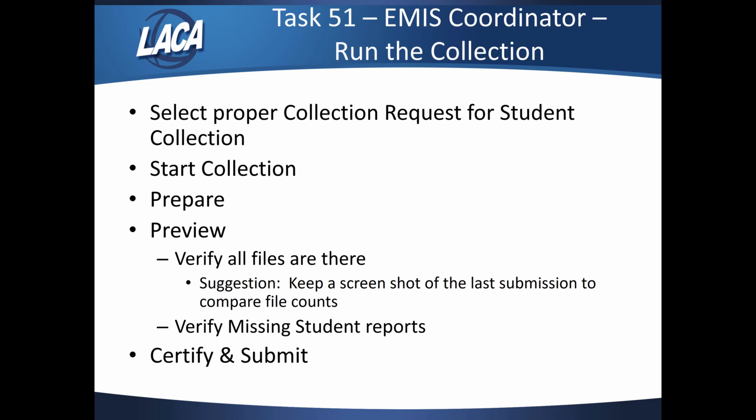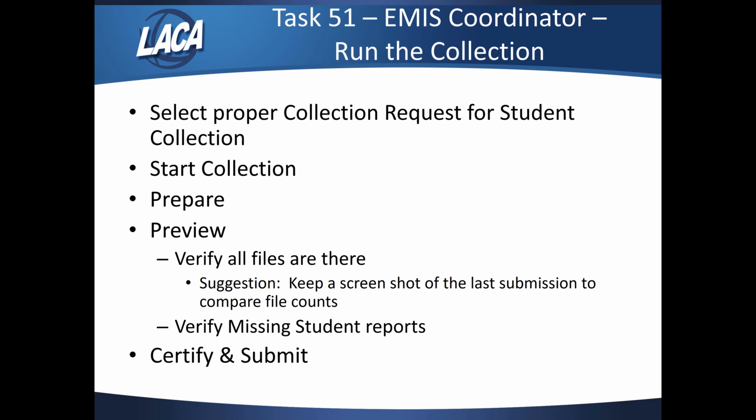The other type of missing data is fatal errors. If it says fatal errors, you have a fatal error on one of your level 1 validations. If you have a fatal error on a special ed event record, it's going to prevent anything with that student from going.